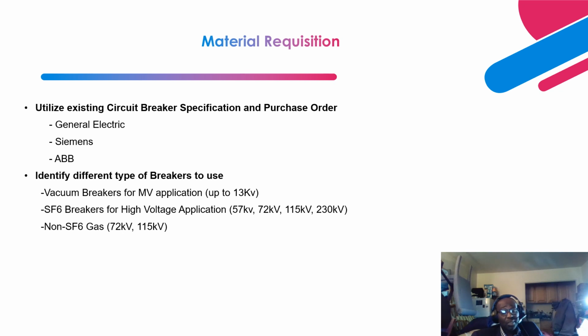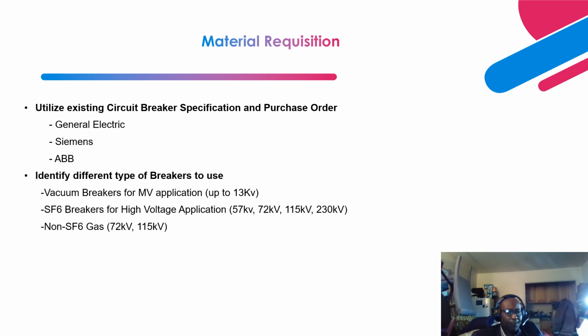OEM means original equipment manufacturer. Most of them are with General Electric, Siemens, and ABB, right? These blanket purchase orders are updated periodically based on the OEMs providing updates in cost of these breakers.